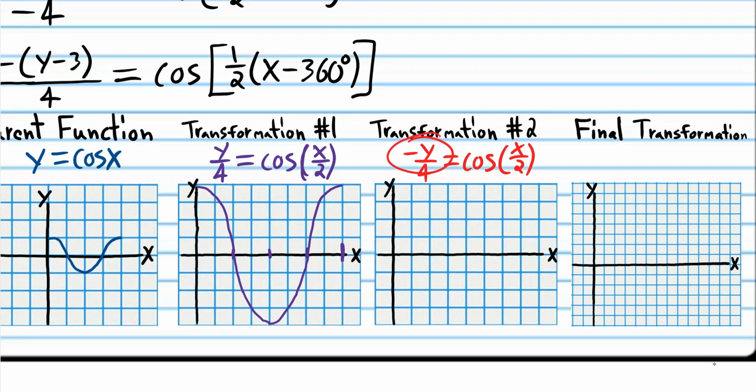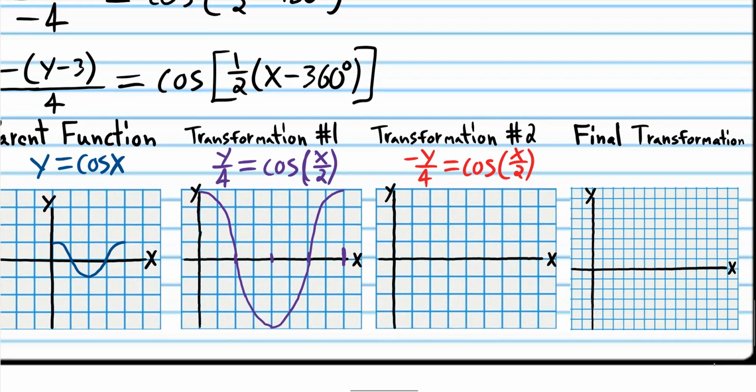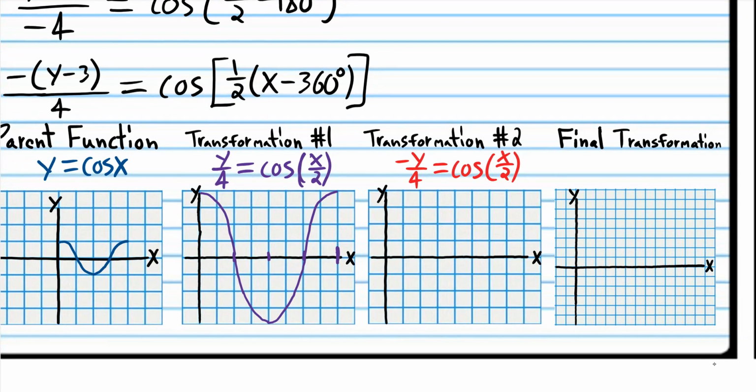You write a negative on the y, and you reflect across the x-axis. So we have the same graph. We're just flipping it. So now our graph looks like this. So there you go.